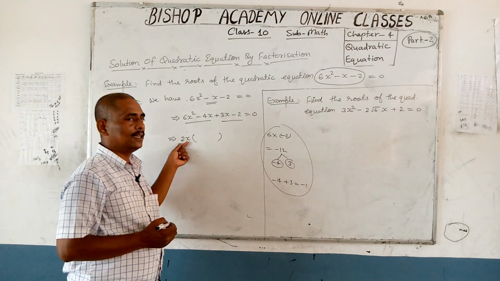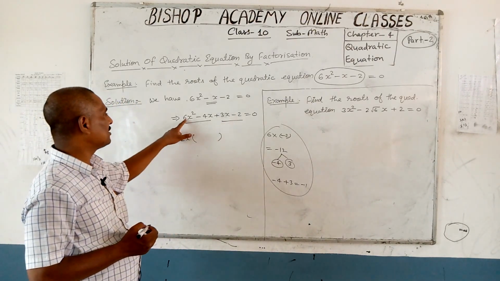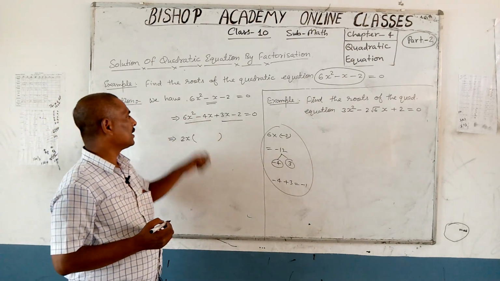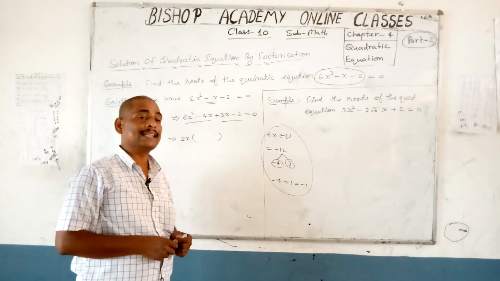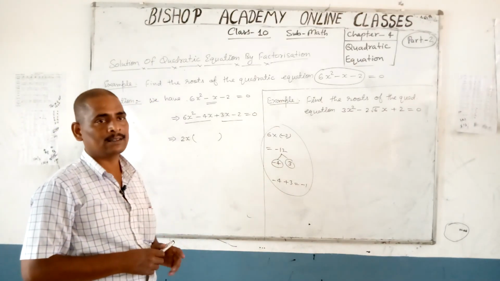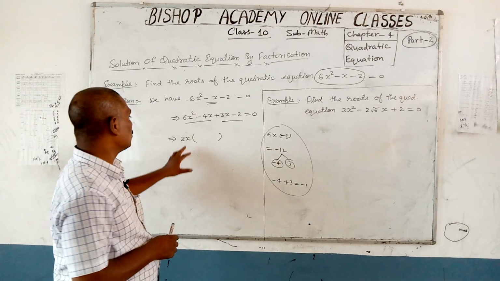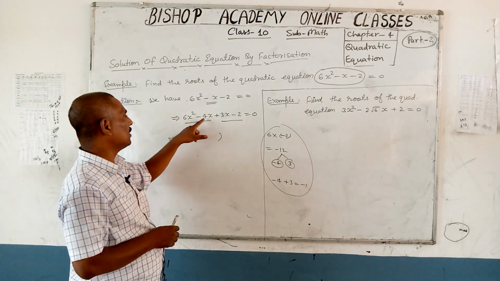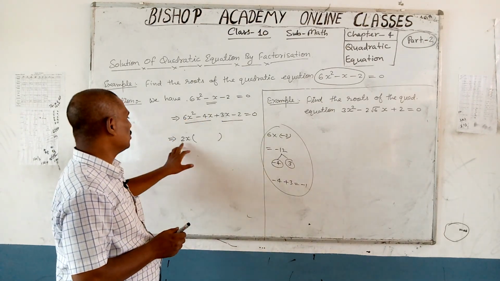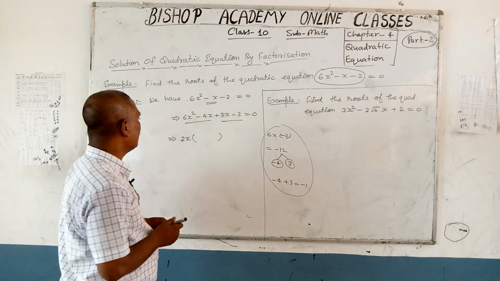Understand, 2x is the HCF of 6x square and minus 4x. You know very well how to find HCF, the highest common factor of two or more terms. So 2x is the highest common factor of 6x square and minus 4x, so you write 2x here.